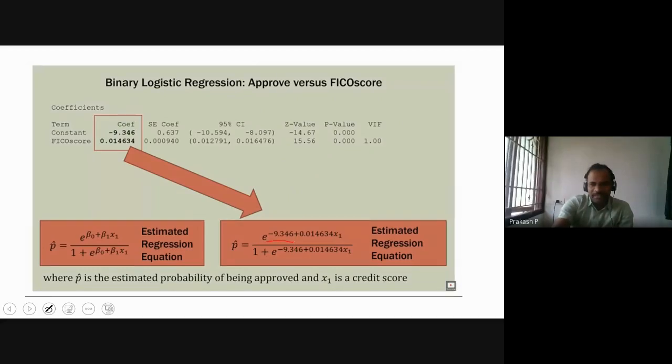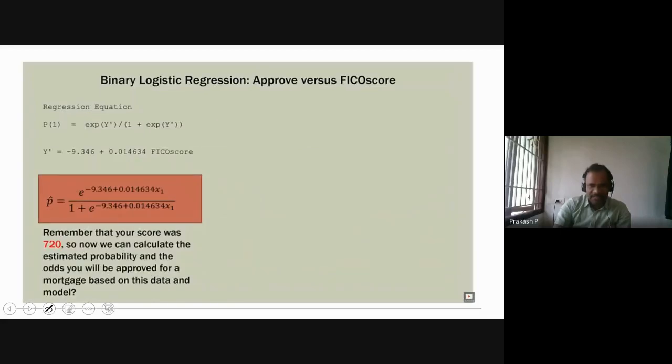e power of minus 9.346 plus this value, divided by this. So this is the estimated regression equation. What are we going to do by using this equation? Now you said the credit score value is 720.